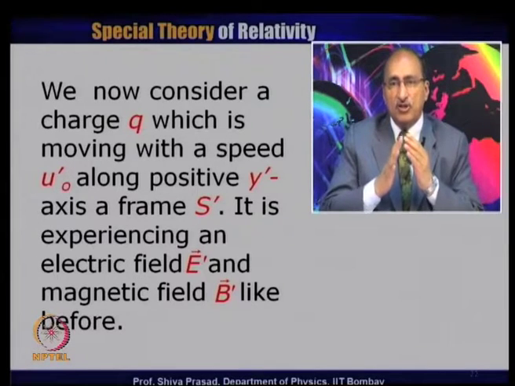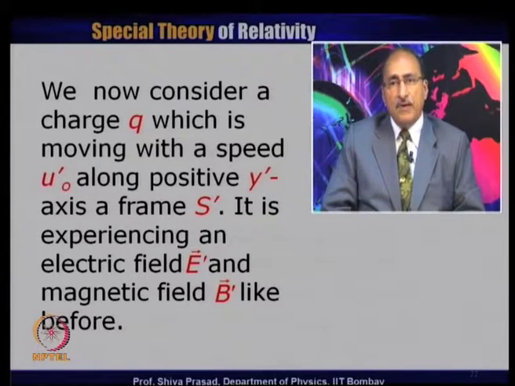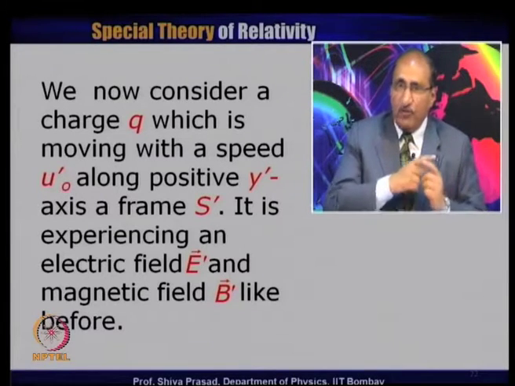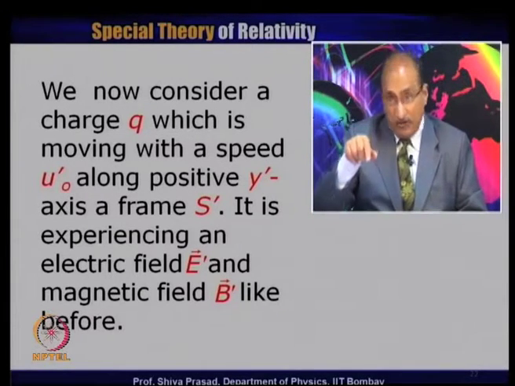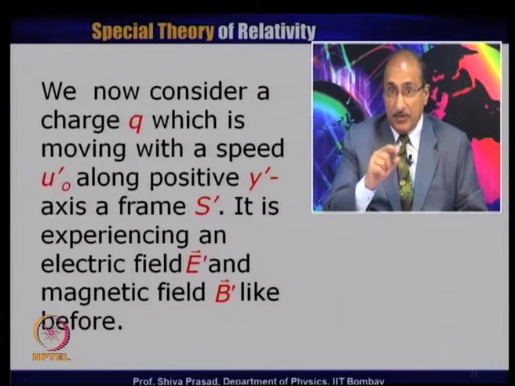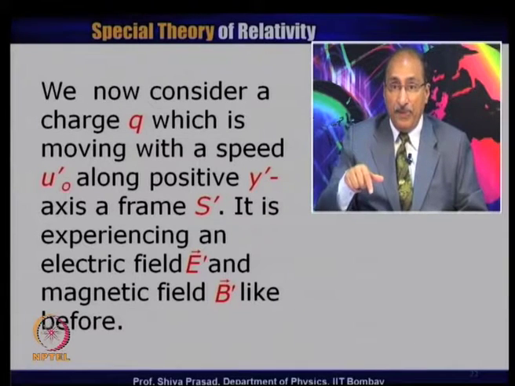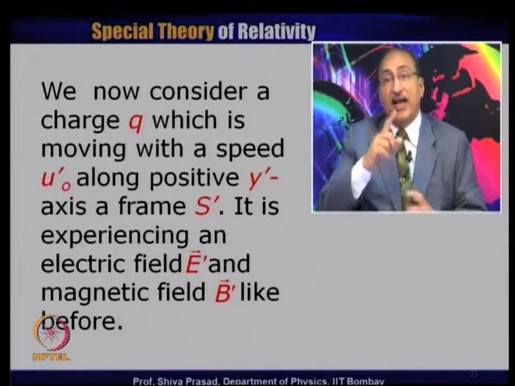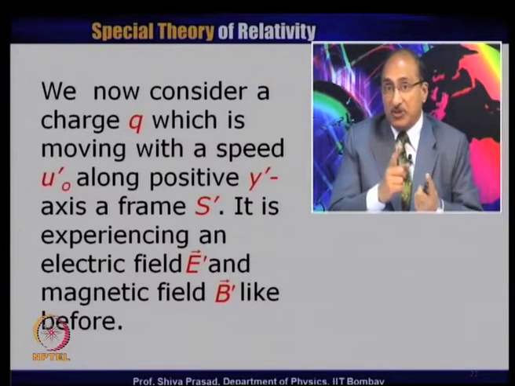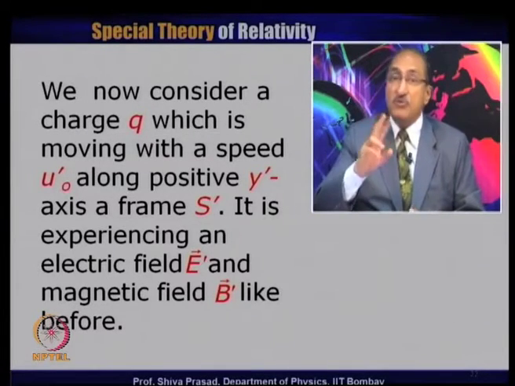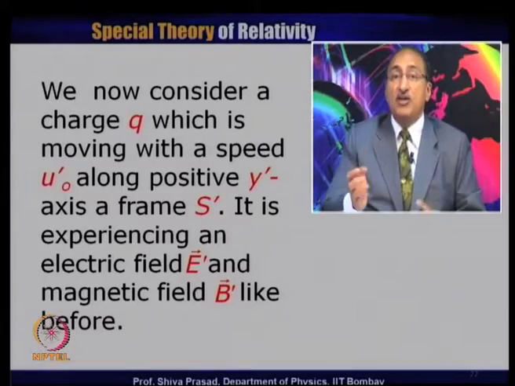I take this particular force, write the components of the force, then I go to S frame of reference, then I evaluate what will be the velocity of the particle, which will now be a little more complex. Assume the electric field and magnetic field in S frame as E and B, then again write the forces, then I know the transformation of forces in the two frames, and of course, in this case in neither of the frames will you in general find the particle to be at rest. So, I have to use the most general force transformation, and using that I will be able to find the magnetic field equations. So, let us do that.